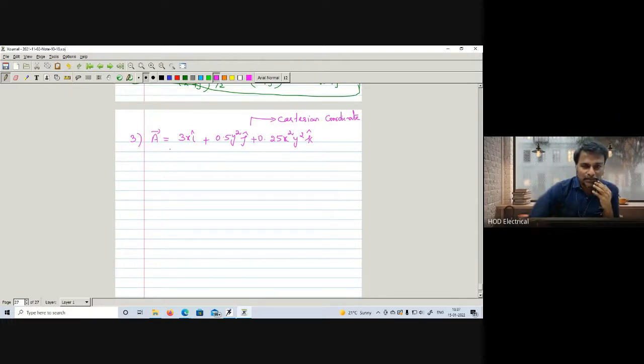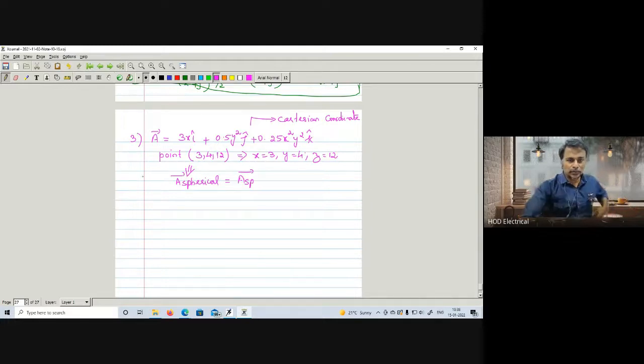The point of vector A is 3 comma 4 comma 12, which gives x equal to 3, y equal to 4, z equal to 12. It is in the rectangular coordinate system. Express the vector in the spherical coordinate. I am going to convert that into spherical, in short form I will write A spherical.